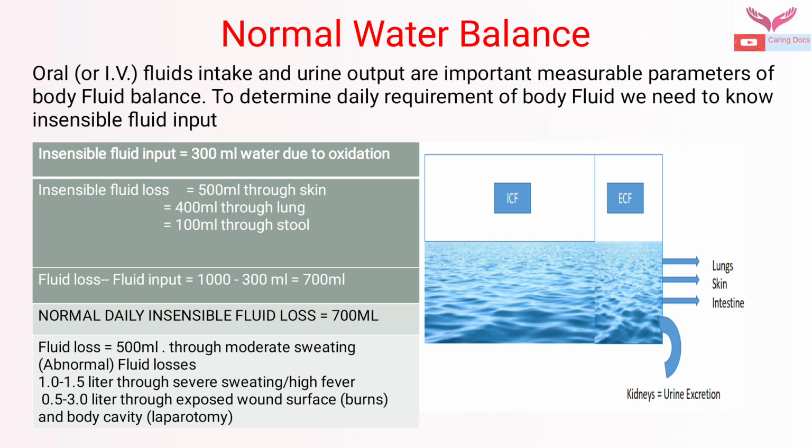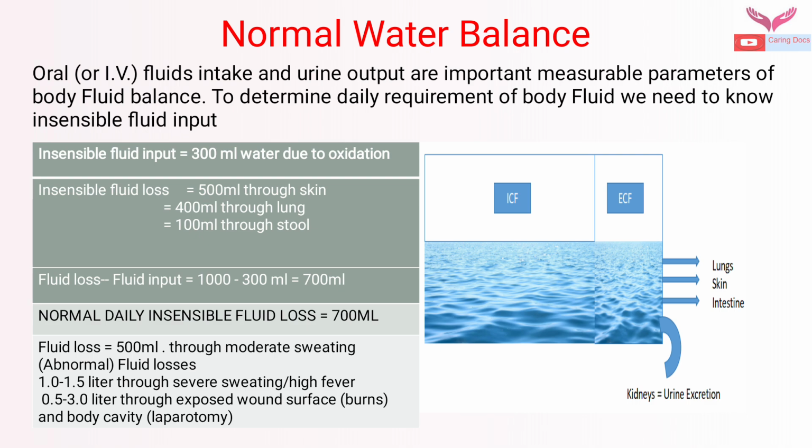These are all insensible fluid losses. And we know that about 500 ml fluid is lost through skin, 400 ml of the fluid is lost through the lungs during expiration, and about 100 ml is lost in the stool. So fluid loss minus fluid input is equal to 1000 minus 300 ml.